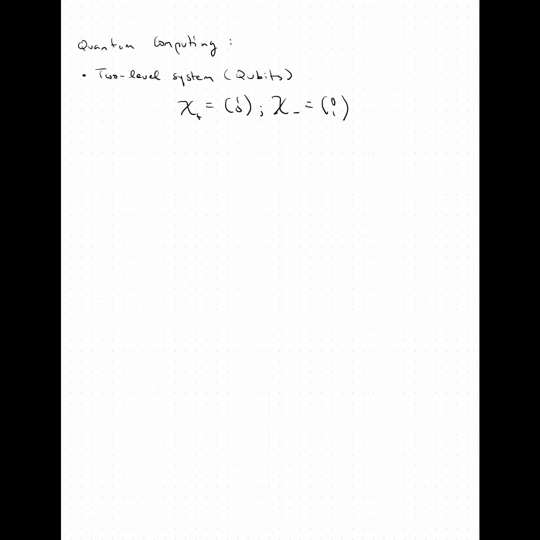These are like up and down, so like ones or zeros. But what's different from the conventional computing case is that with quantum mechanics you have linear combinations of these eigenfunctions. So you can have a state that is a linear combination of these eigenstates, producing a new state that is different from the ones we had before. So you don't just have ones or zeros, but you can have a linear combination of ones and zeros. Because there's more opportunities, there's more chances to store information.